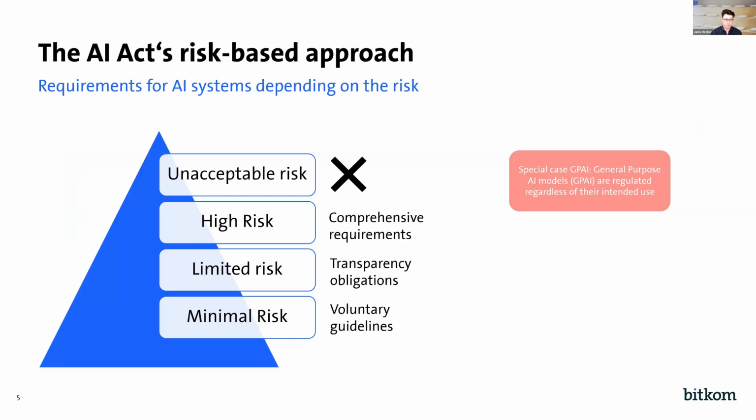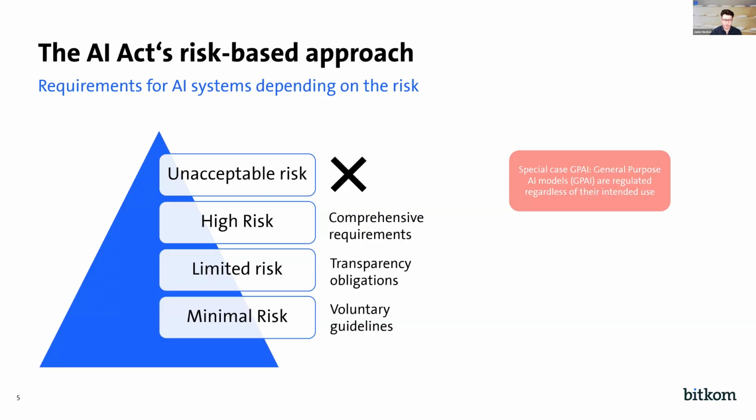There's minimal risk, which encompasses many AI systems, for example spam filters or the like, where there are no mandatory requirements, just voluntary guidelines that are encouraged. Then there is a section of limited risk. This includes generative AI systems, for example, mostly AI systems that interact with humans, and where we have mostly transparency obligations.